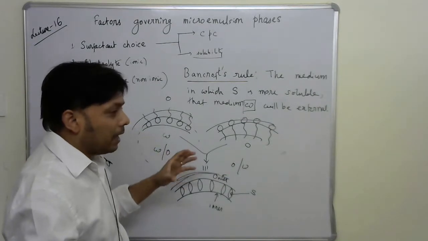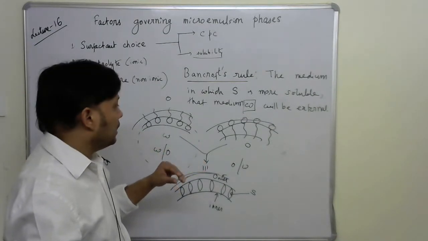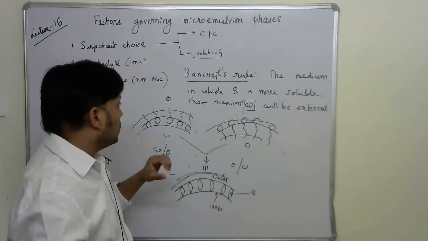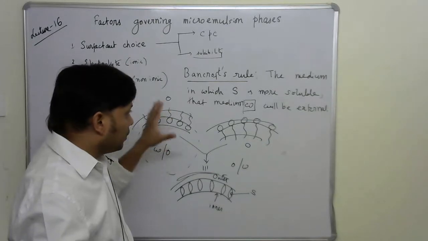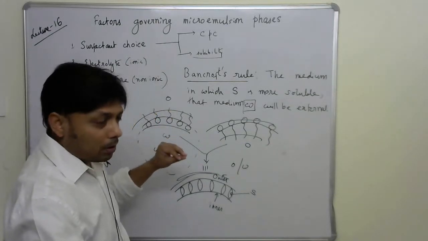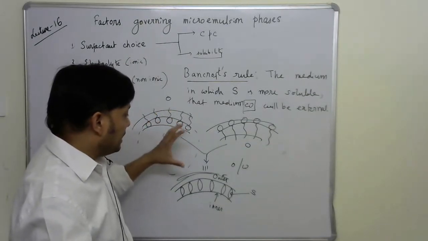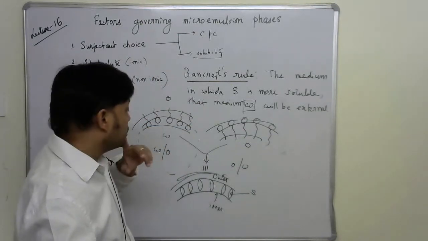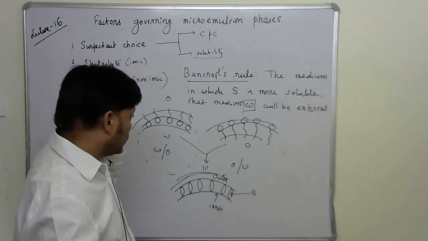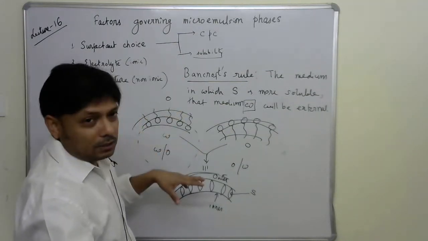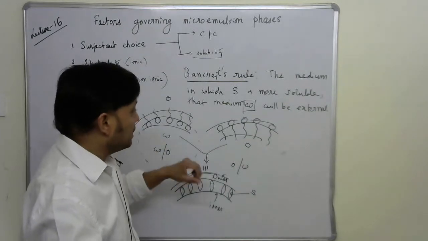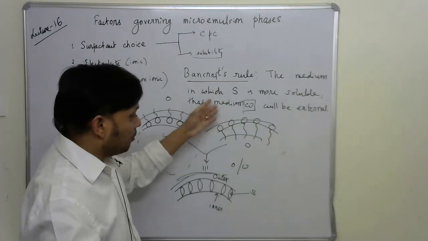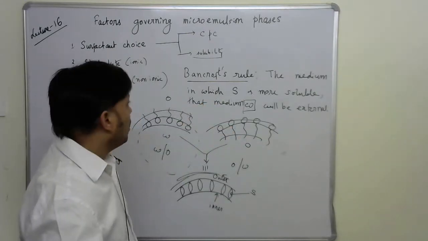Primarily, if we have an ionic surfactant like CTAB or dodecyl sulfate, keeping all other parameters at normal conditions, from the solubility rule we would expect an oil in water microemulsion, because SDS would be expected to be more soluble in water rather than oil.